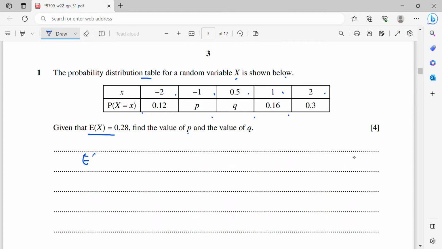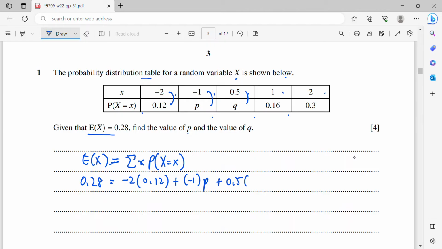So now, E(X) is basically summation x P(x). Right, which means it's the multiplication of the x with the P plus with the rest. So now it's given that this is 0.28. Then now when you multiply, I will get -2 brackets 0.12 plus -1 times P plus 0.5 times Q plus 1 times 0.16 plus 2 times 0.3.